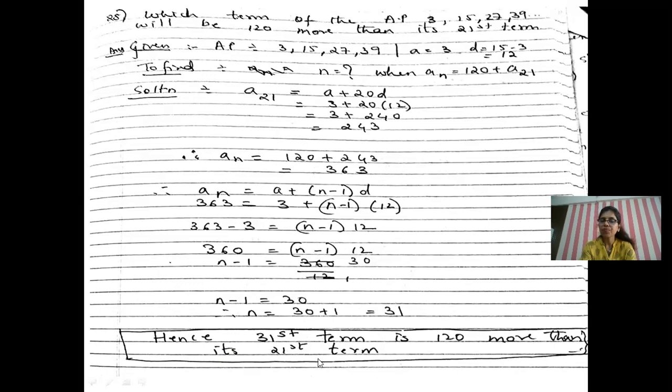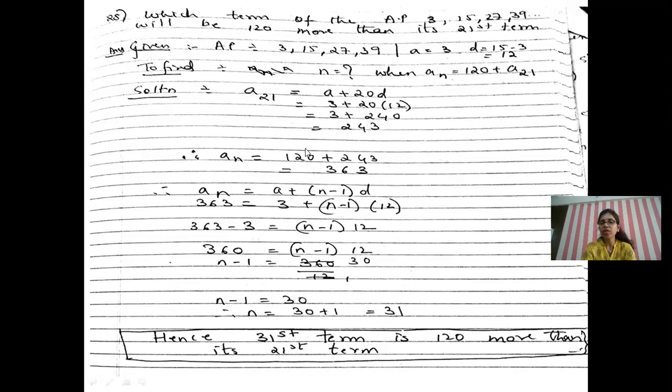Is it clear? So now I hope everything is clear with this. I repeat that whenever the series is given to you, you are able to write the value of A and the value of D. It's mentioned that it is 120 more than the 21st term. So you substitute the value of A and D and use the formula A plus n minus 1 D. I have written it directly as A plus 20D, and I got the value as 243.